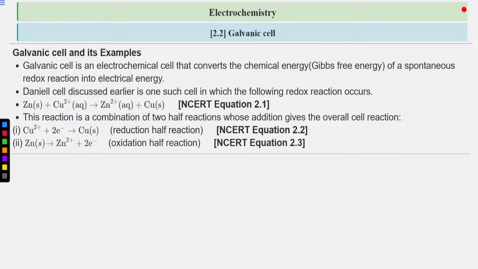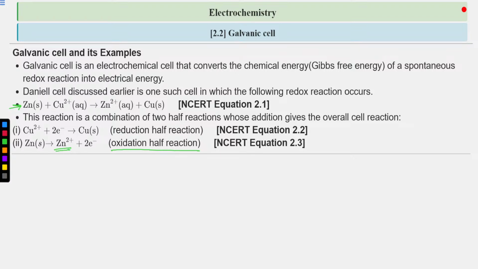Now, our second half reaction for this given cell reaction will be the oxidation half reaction. What will be the oxidation half reaction? In the oxidation half reaction, oxidation is happening, that means the releasing of electrons. So zinc is releasing its 2 electrons and becoming zinc 2 positive from the neutral state.